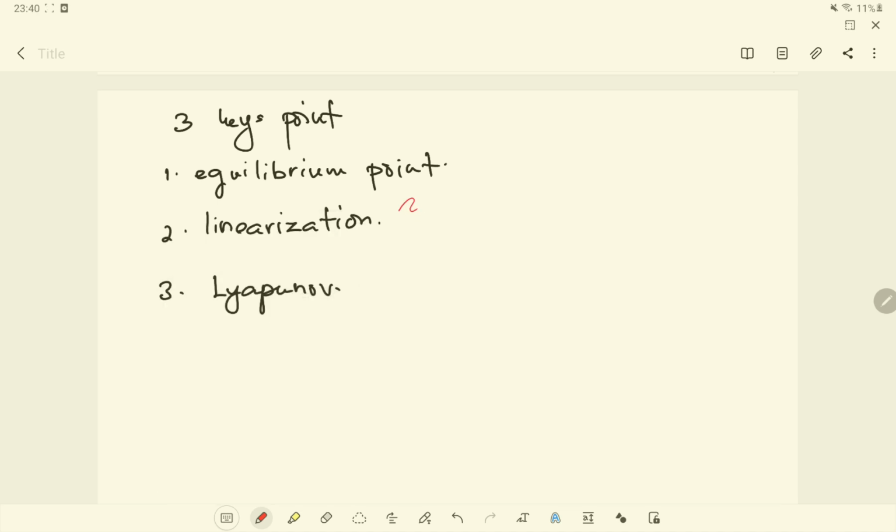Linearization means that you convert a nonlinear equation to a linear equation by using approximations.